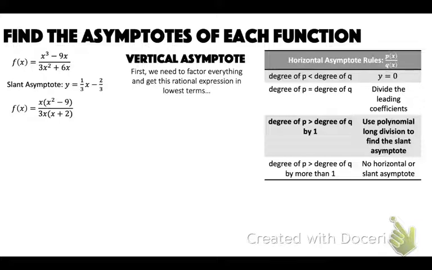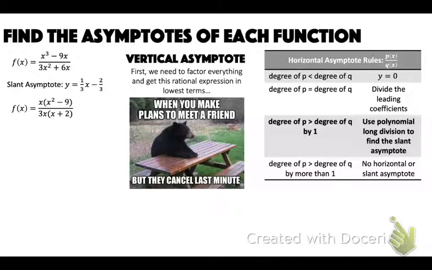And then that top, x squared minus 9, can factor further to x minus 3 and x plus 3, over 3x and x plus 2.